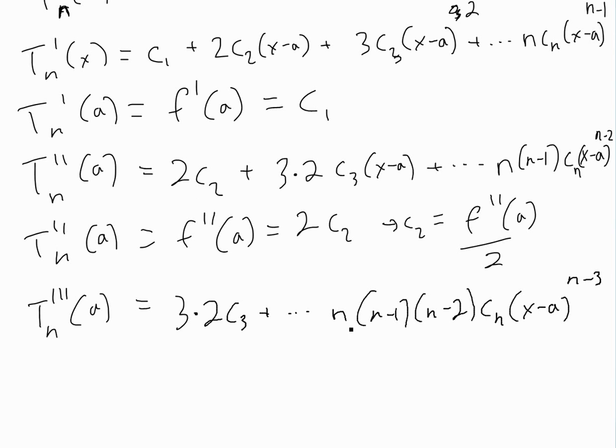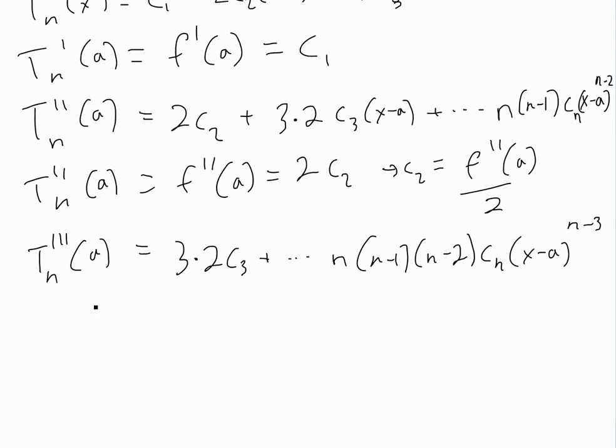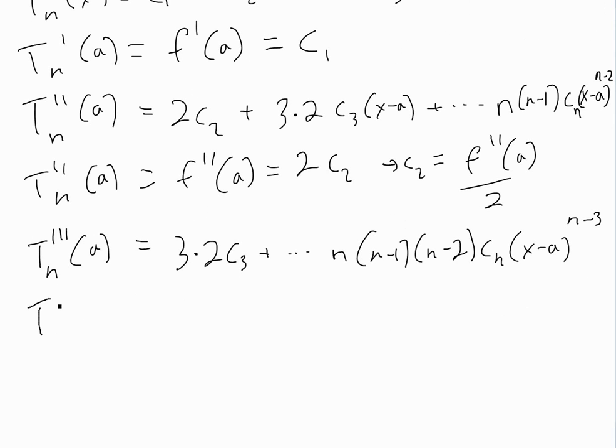So you can see the pattern here. It's n times n minus 1 times n minus 2, just like here, 3 times 2 times 1. They're just getting smaller and smaller. So we know that Tn triple prime of a is equal to f triple prime of a, and this just equals 3 times 2 times c3, because if we put in a everywhere else, it becomes 0.